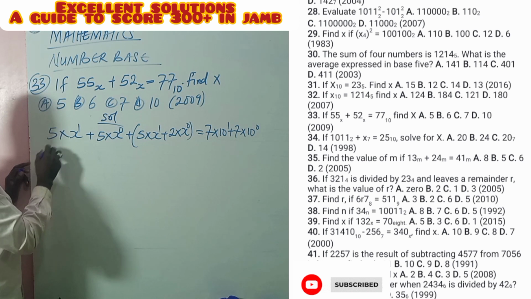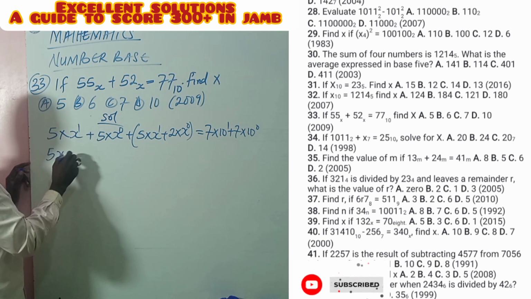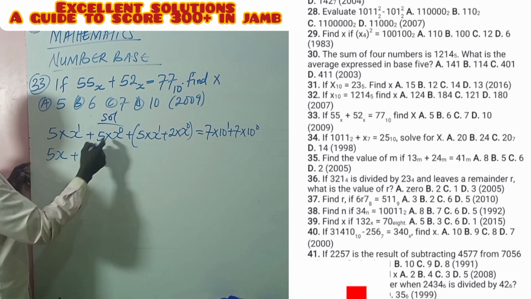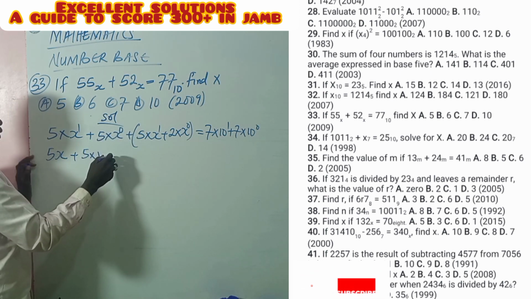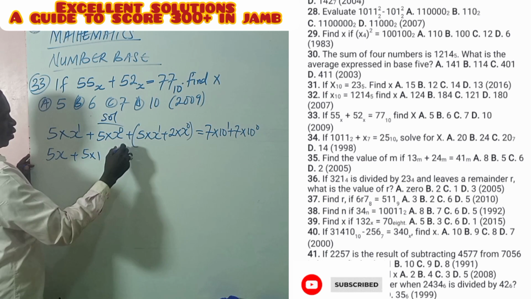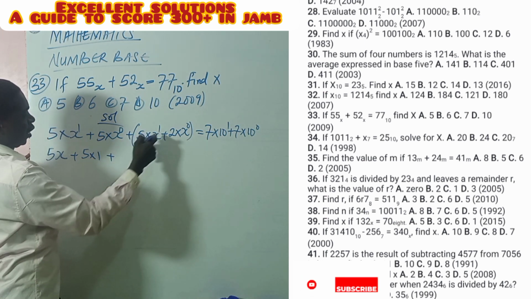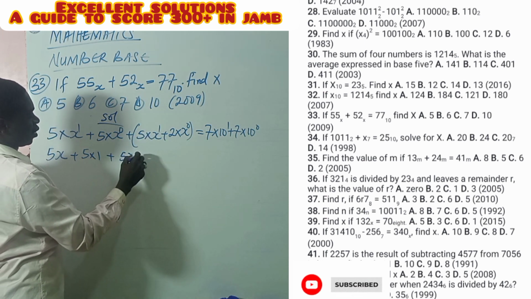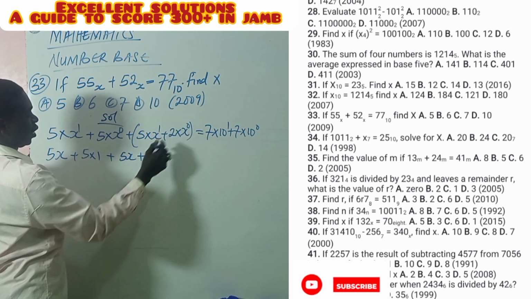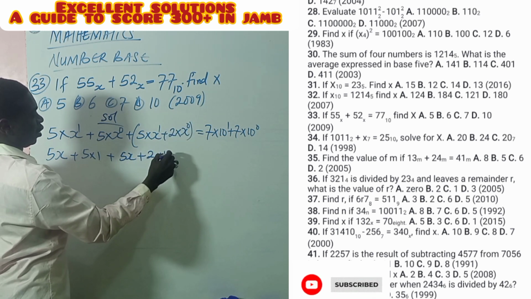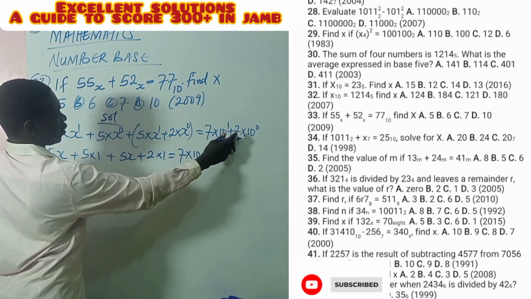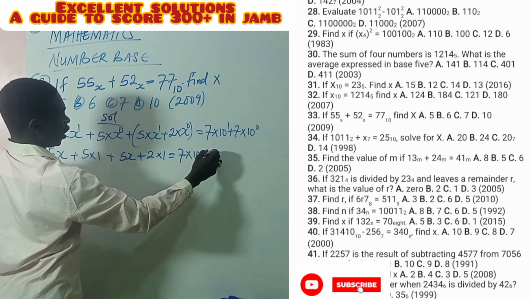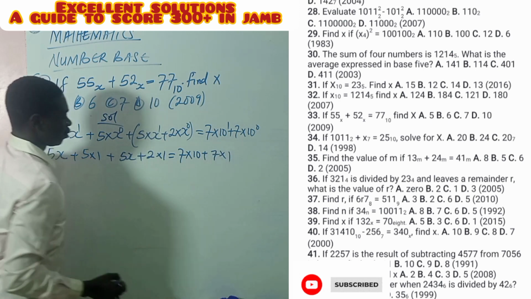So we have 5 times x power 1, we have 5x, plus 5 times x power 0 is 1. So this is 5 times 1 plus, this is the same as 5 times x, which is 5x, plus 2 times x power 0 is 2 times 1 equals 7 times 10 plus 7 times 10 power 0 is 1. That is 7 times 1.